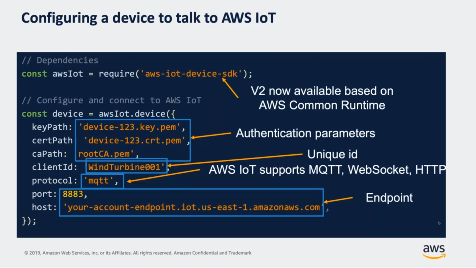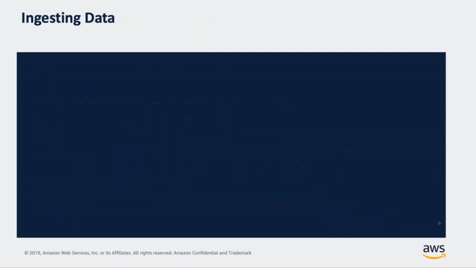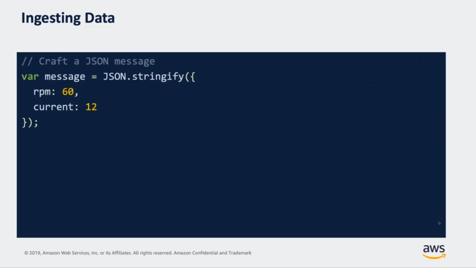Now, once you have established the connection using these configuration parameters, let's look at what it takes to ingest data into AWS IoT. The first thing you will do is package your payload, or the message that you want to send, into some sort of construct.